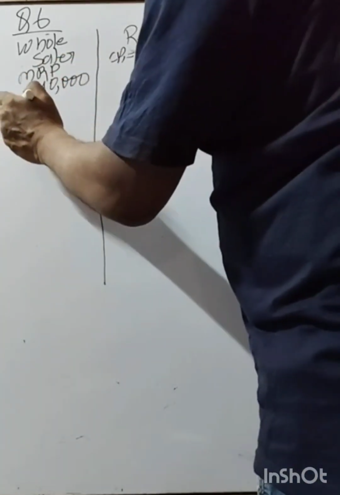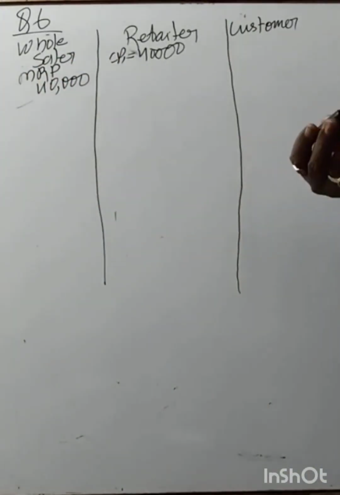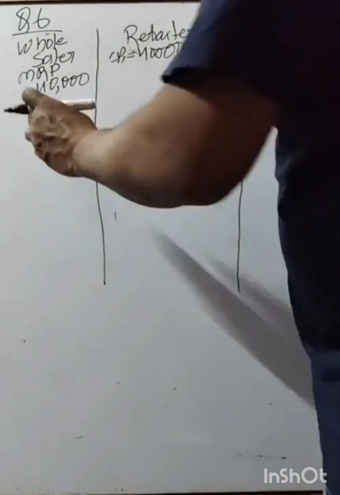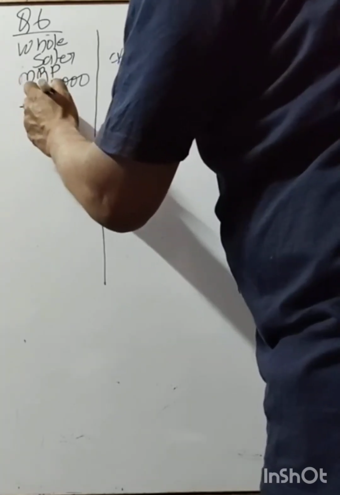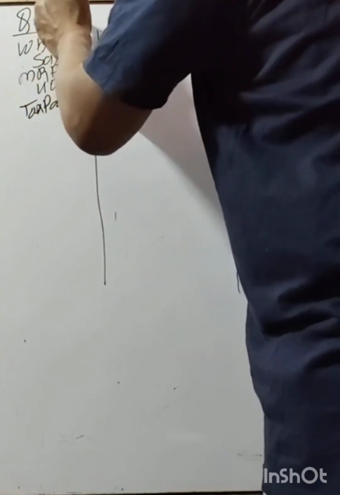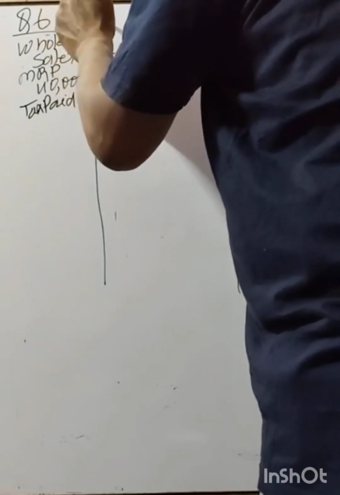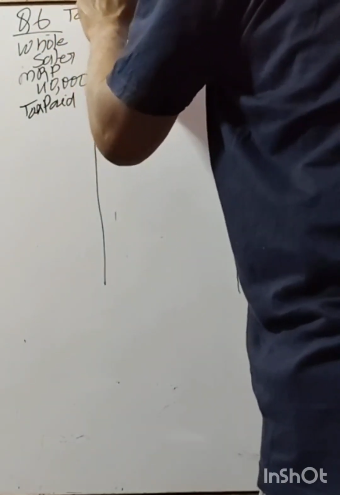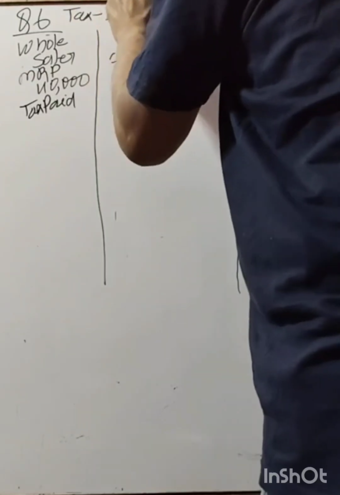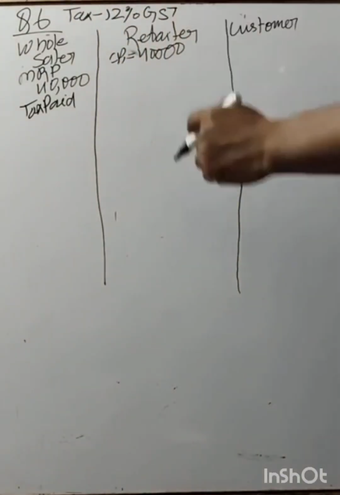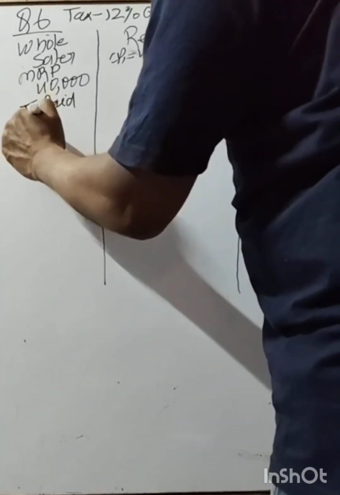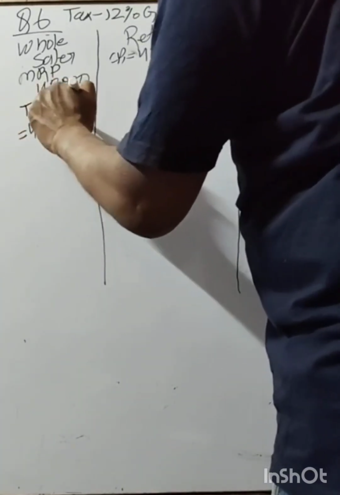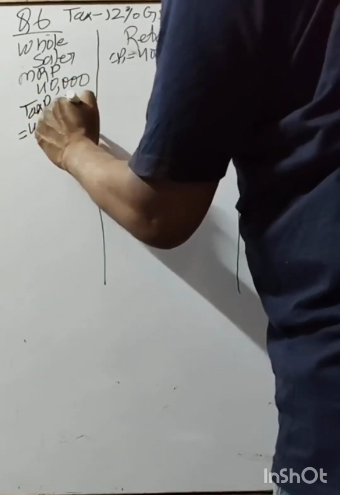So tax paid is GST at 12%. Tax paid is equal to 40,000 into 12 upon 100.